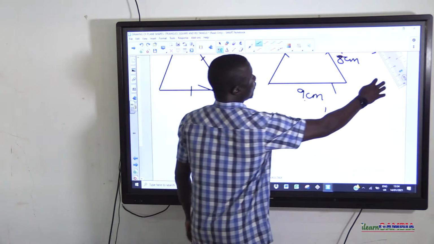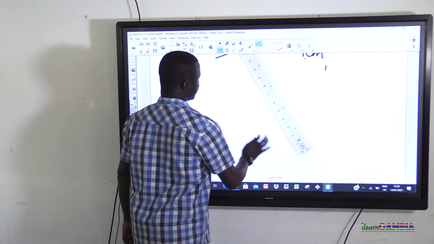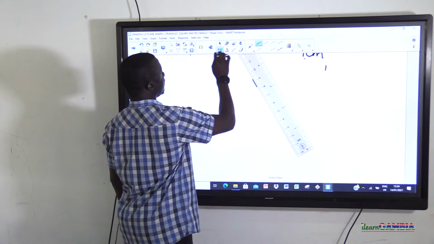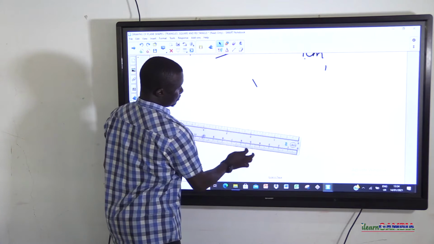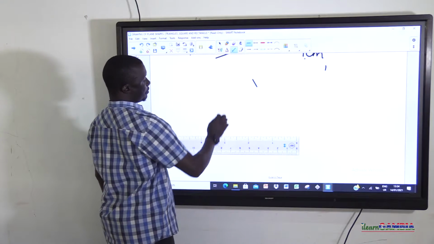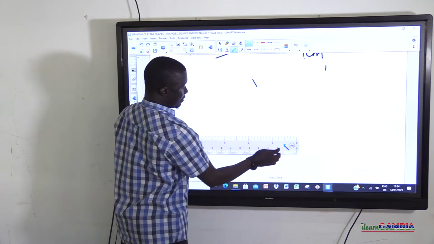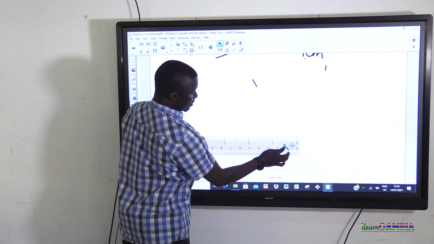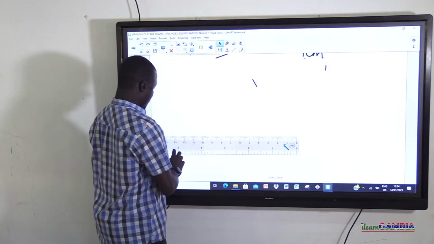So we can easily get our ruler and quickly draw our scalene triangle. Let's measure in centimeters.